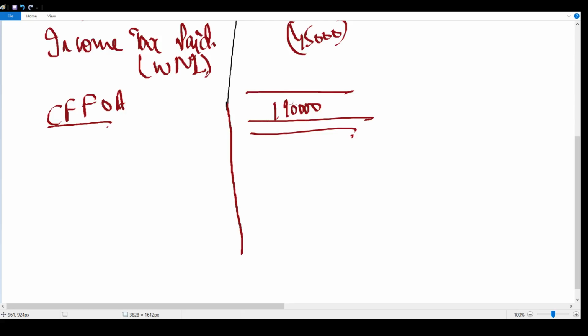Yeah, the next, cash flow from investing activities.